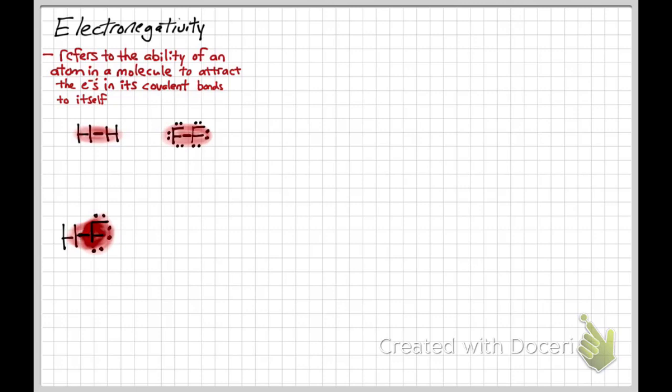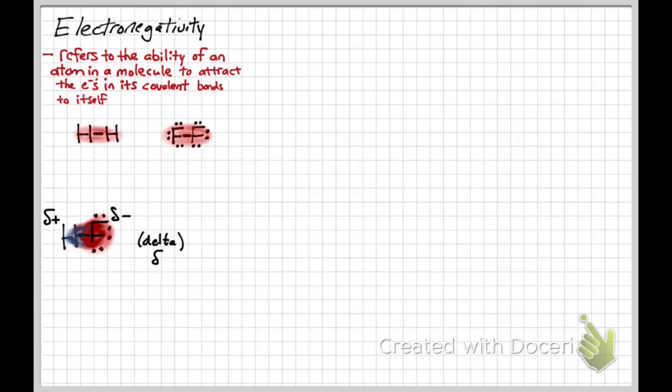Electrons are negative, so pulling electrons towards the fluorine results in a slight positive charge around the hydrogen and a slight negative charge on the fluorine, which we represent with the Greek symbol delta to indicate the partial positive and partial negative charge, and to distinguish it from the full positive and full negative charge which we would write on ions. So you can see this molecule has a negative side and a positive side due to the polarity of the bond.